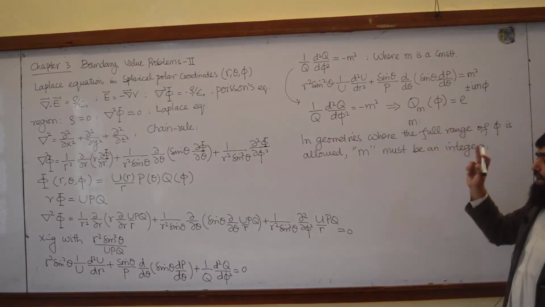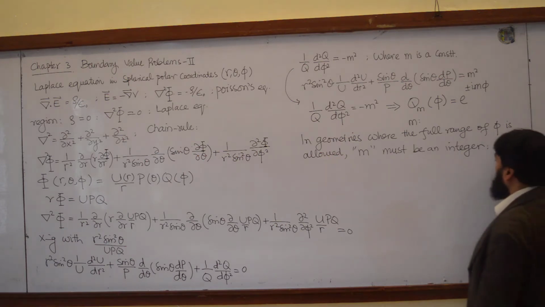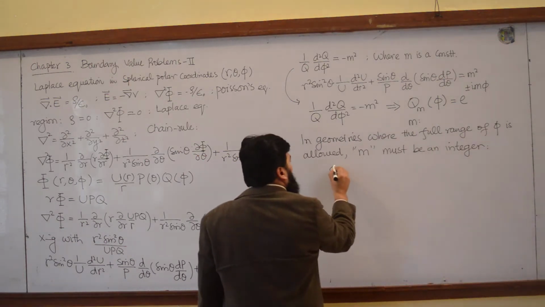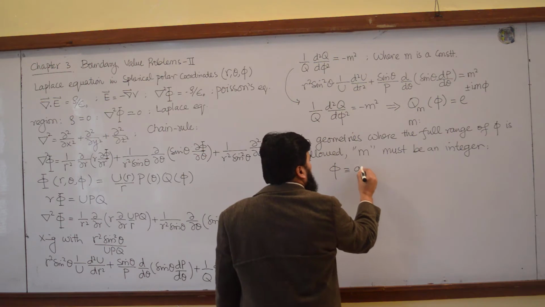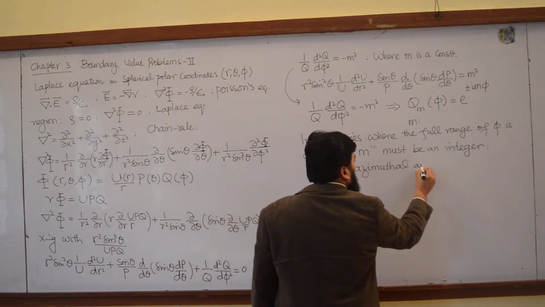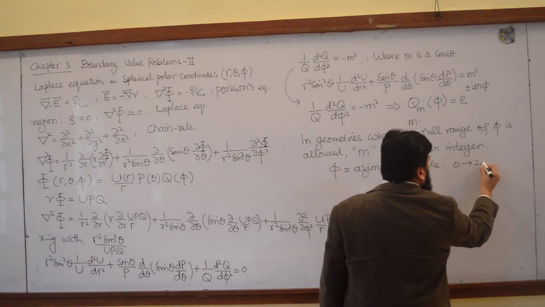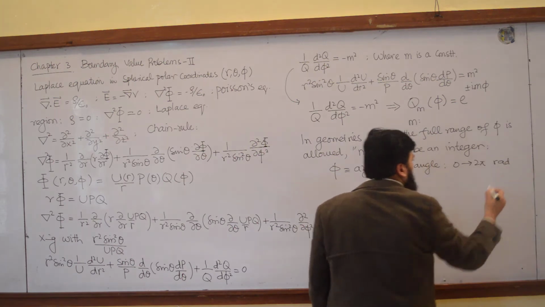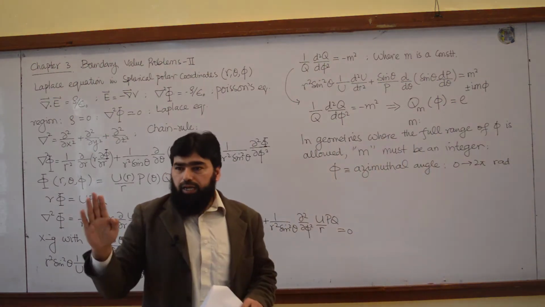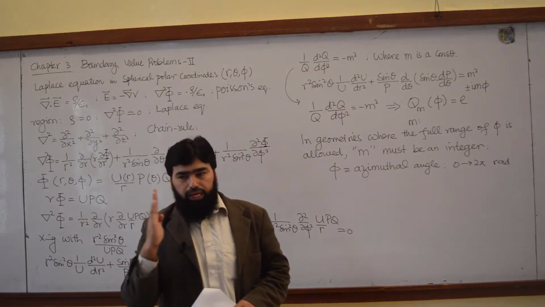So phi, you know what phi is in spherical polar coordinates. We define phi as the azimuthal angle, and it varies from 0 to 2 pi radians. On the sphere it goes around in the xy plane.